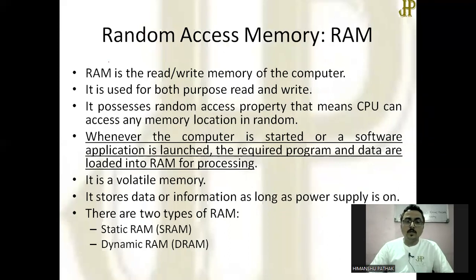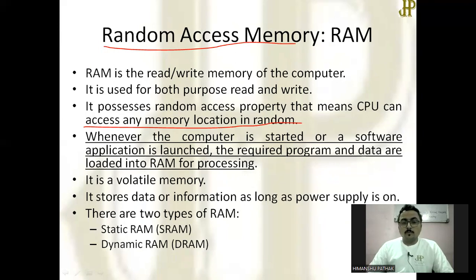So, as the name suggests, random access memory means the CPU can access any memory location randomly. You can store data in random order of the address. Clear?